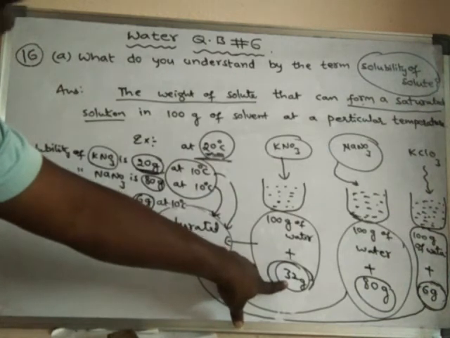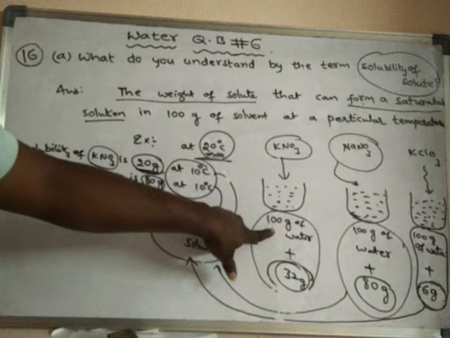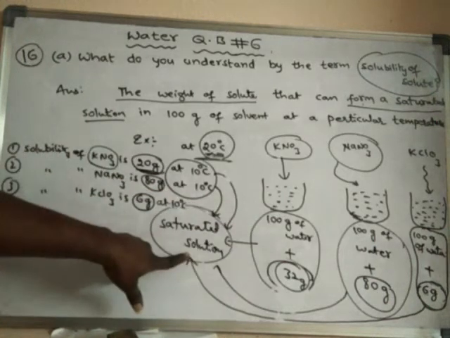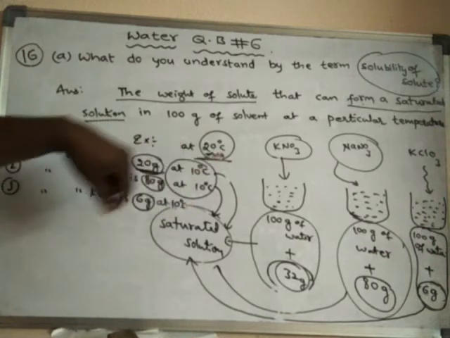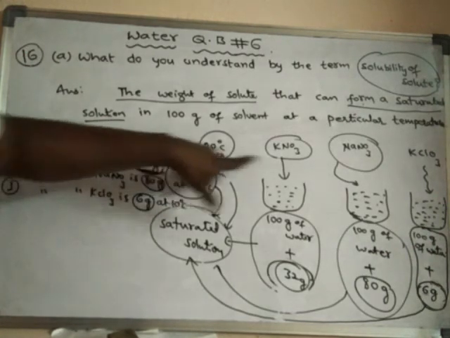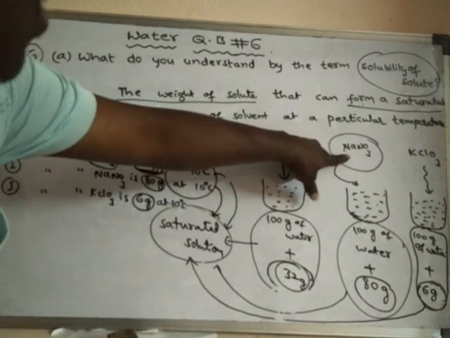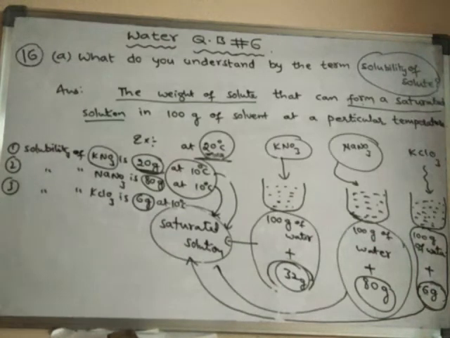That means if I add 32 grams of KNO3 in 100 grams of water, then only it forms a saturated solution at 20 degrees centigrade. And at 20 degrees centigrade, how much sodium nitrate should be added into 100 grams of water to prepare a saturated solution?